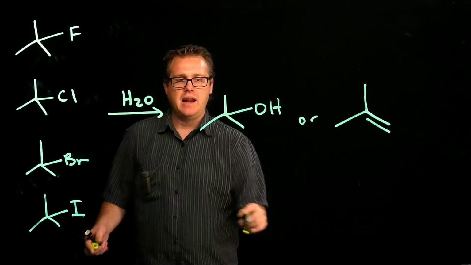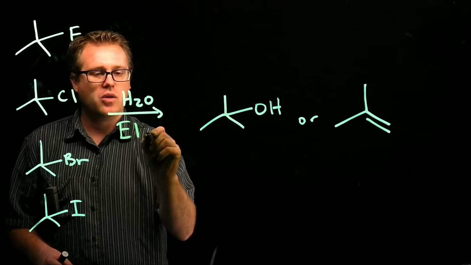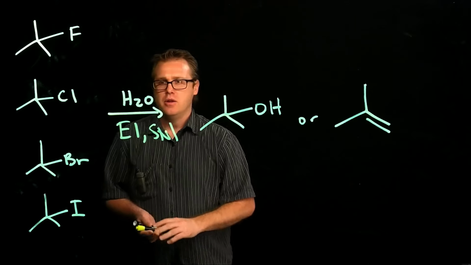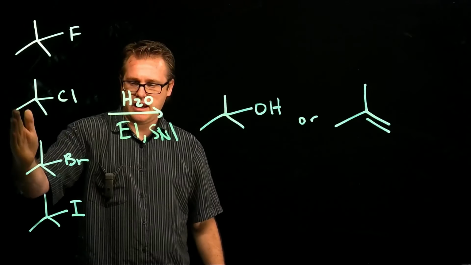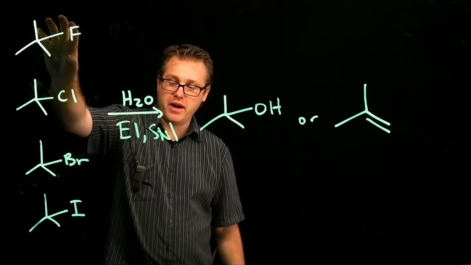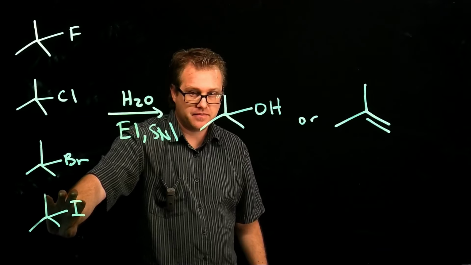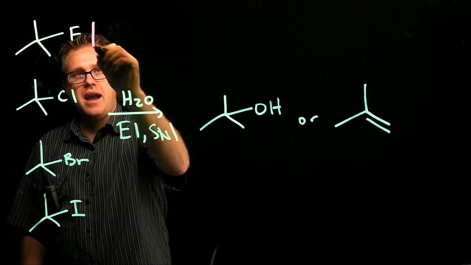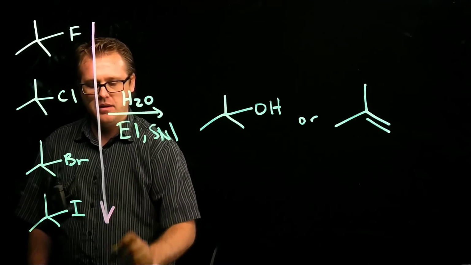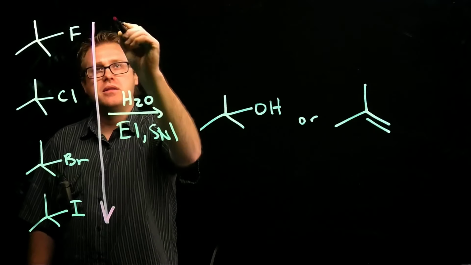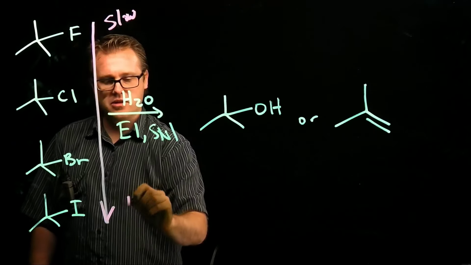So I'm invoking an E1 or an SN1 mechanism. Which one's going to react the fastest if I have a fluorine or an iodine? And the answer is, as you go down right here, this is going to be the slow end. This is going to be the fast.